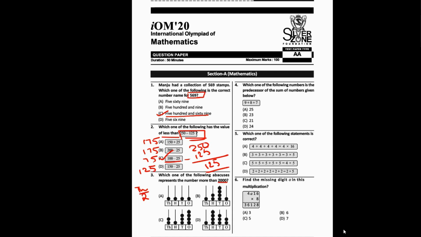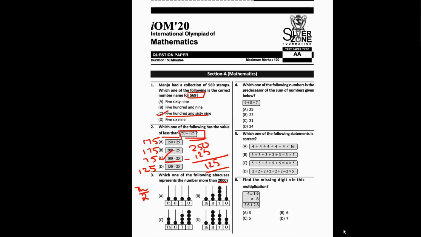Then only it will be more than 2000. And for hundreds, tens, and ones, you must have at least 1 bead, because otherwise they are 0, 0, 0. If you have even 1 bead there, that will give you a number which is more than 2000.